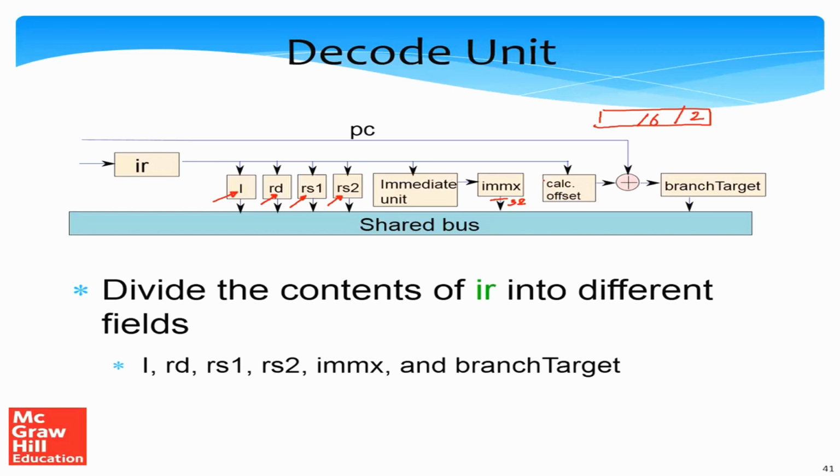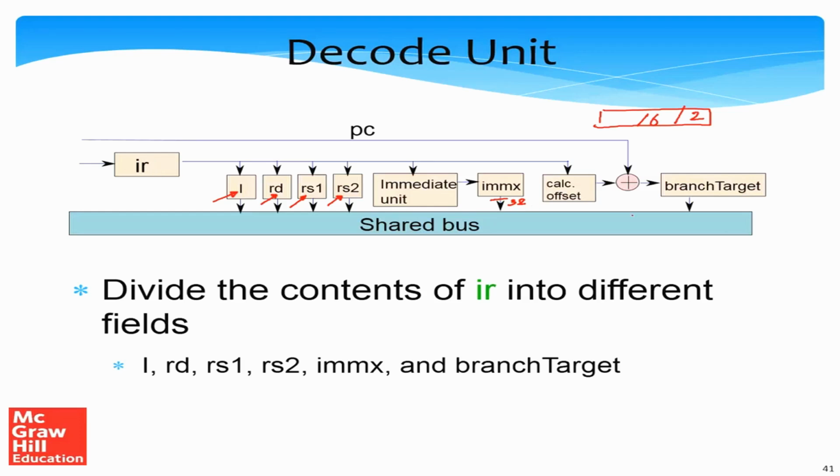In addition, what we do is that we take the offset part from the instruction. So of course at this point we don't know what is the type of the instruction, but we prepare for all kinds of instructions and we pre-compute all of these terms, right, the immediate and also the branch target. But of course it's not necessary that every instruction is a branch.